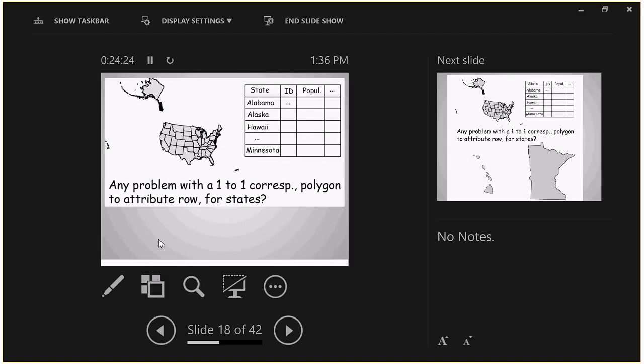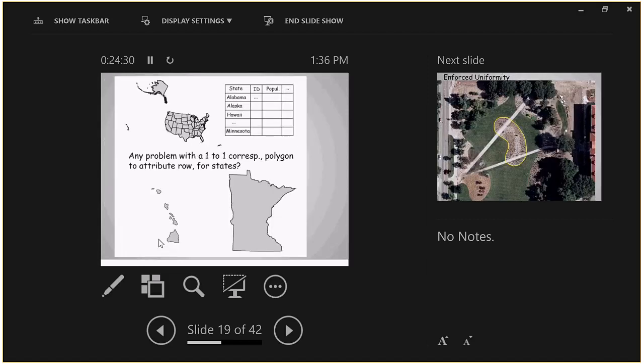One-to-one correspondence with polygons to attributes. Yes. So not really a problem. GIS can handle this. So a state like Minnesota may not have any. It actually does. If you made a detailed map of Minnesota, of just the land areas, there's actually a little piece of land up here that's not connected to the rest of Minnesota by land. But anyway, you could represent Minnesota just by its boundaries as a single polygon.